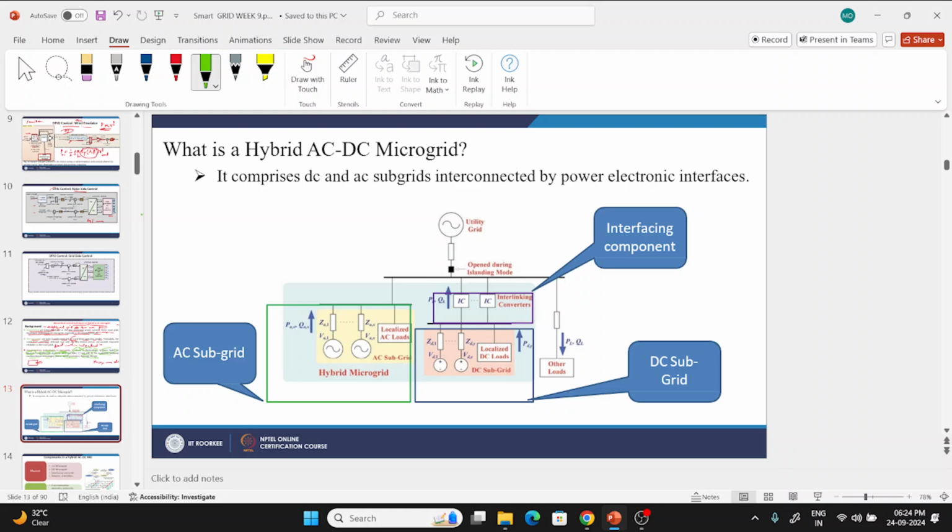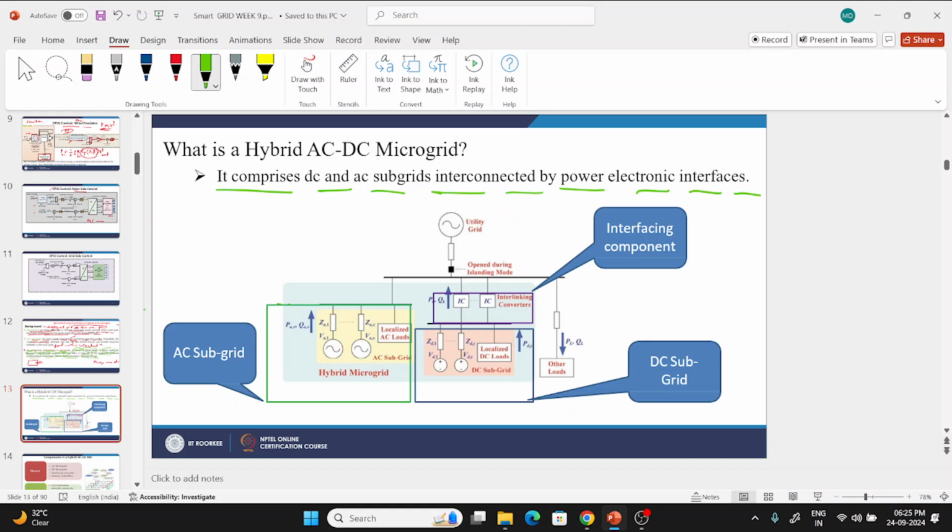So what happens here is that this comprises a DC and an AC subgrid interconnected by a power electronics interface. As you can see clearly here, this is a hybrid microgrid.